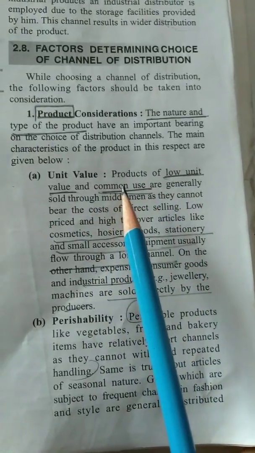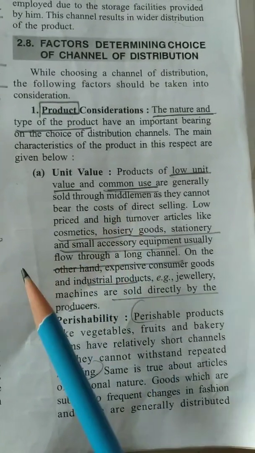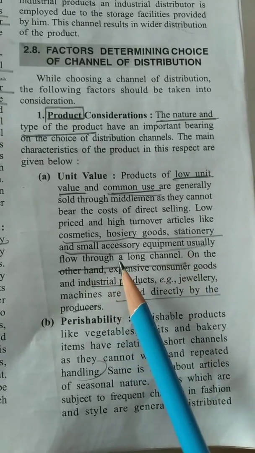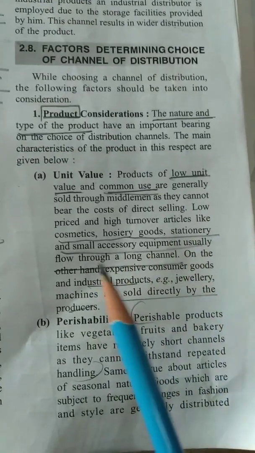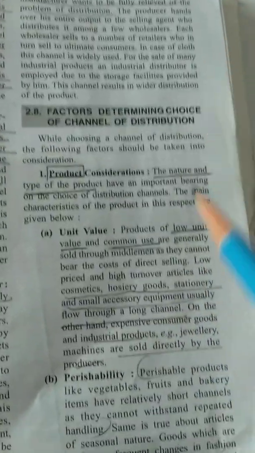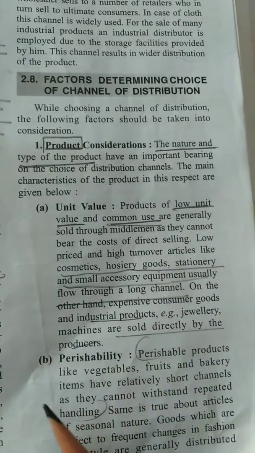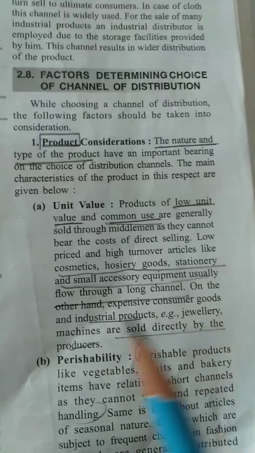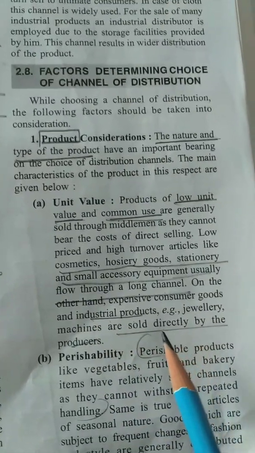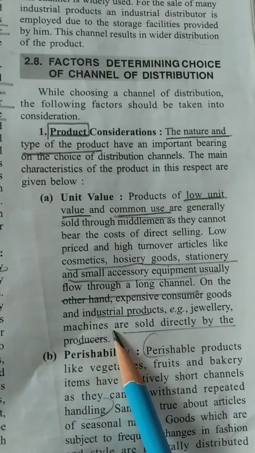If the product that the company wants to sell is of low unit value and it is for common use of the people, such as cosmetics, stationery, small accessories, these utilize a long channel, means a long chain will be followed for these types of products which are low in cost and which are commonly used in households. On the other hand, if the products are of industrial nature, means there are heavy products, then they are sold directly by the producer to the consumer, such as machines.